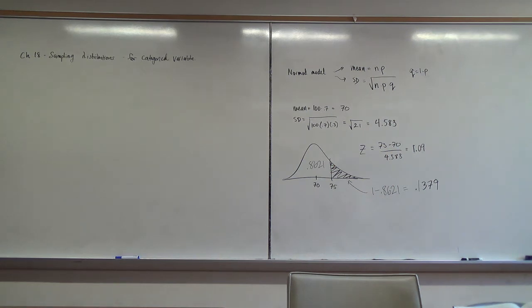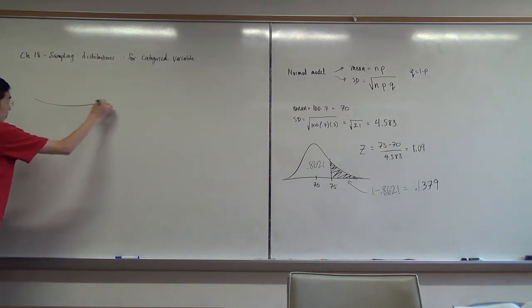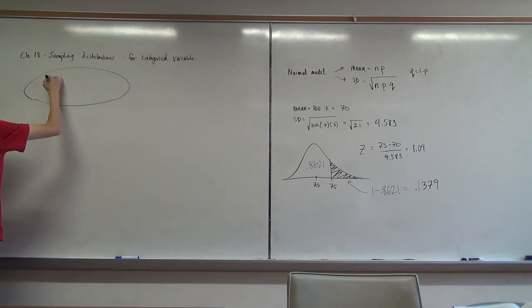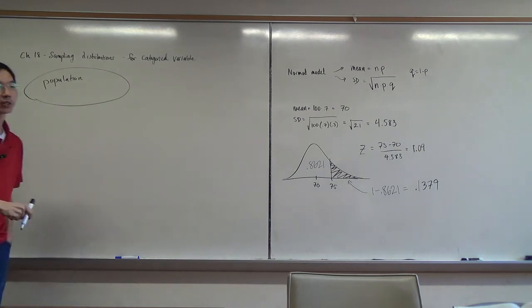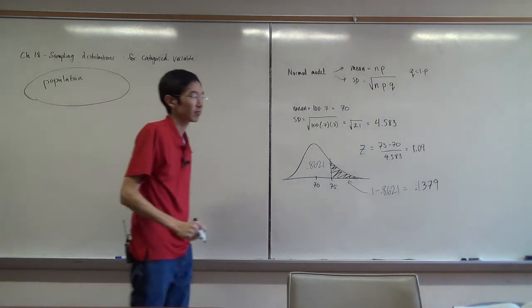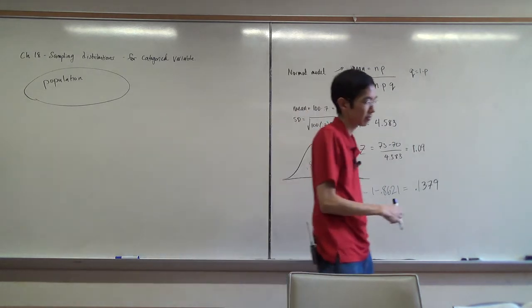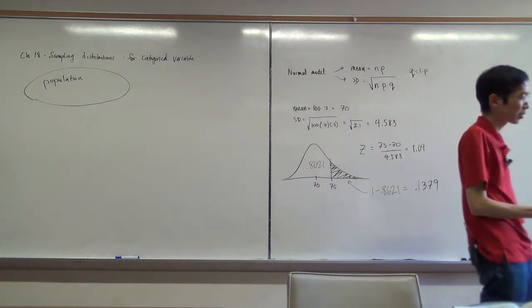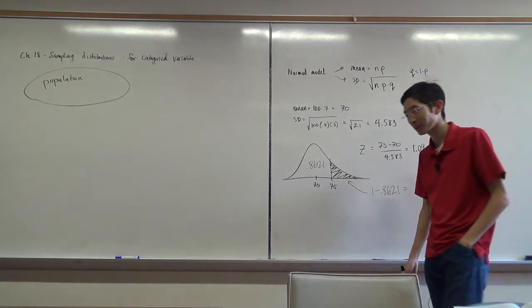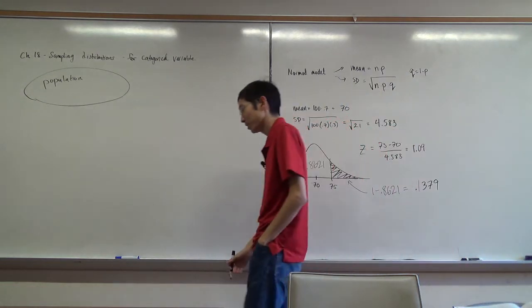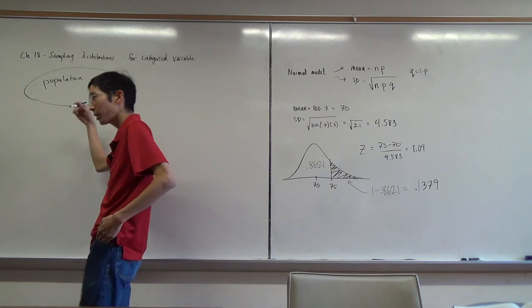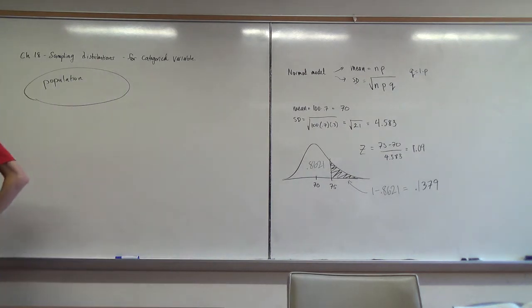And this is the idea here, okay? Here we have some population. Maybe the population is all students at UCLA. Or maybe the population is all the people in the United States. Or whatever it is. We're talking about a categorical variable here, so the population is going to be defined by a proportion.